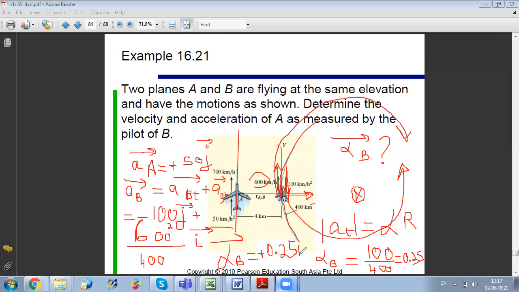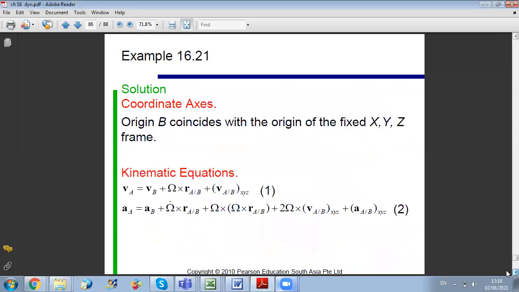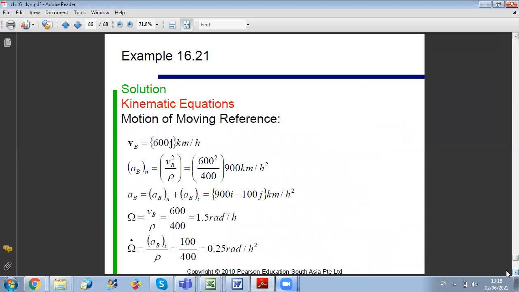Now we are ready to replace because we have found all new terms, AA, AB, alpha B. The other vectors, BA and omega, were already calculated in the previous step. V relative we have also found from the previous step. So now all we have to do is to replace back into the formula.